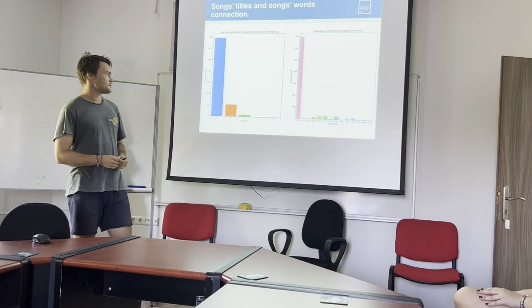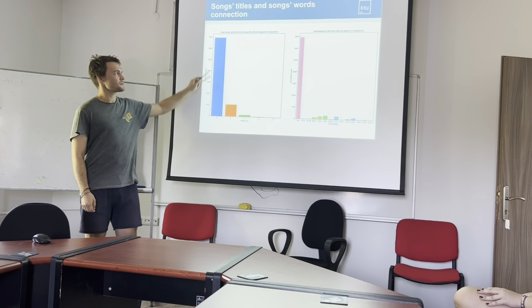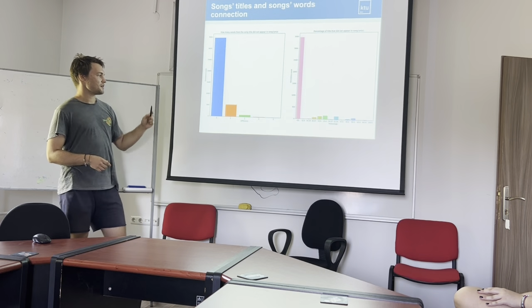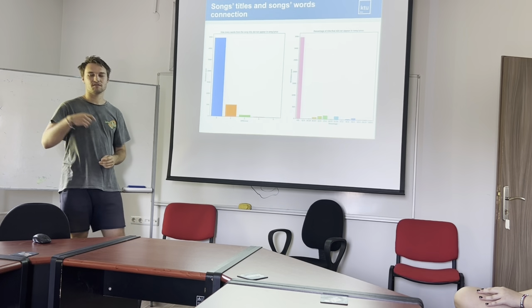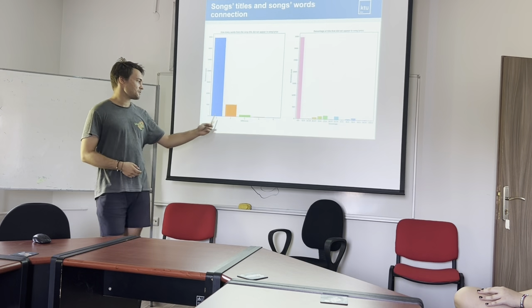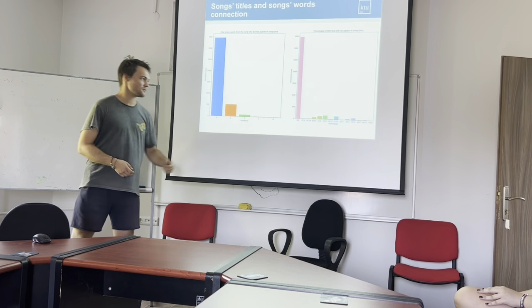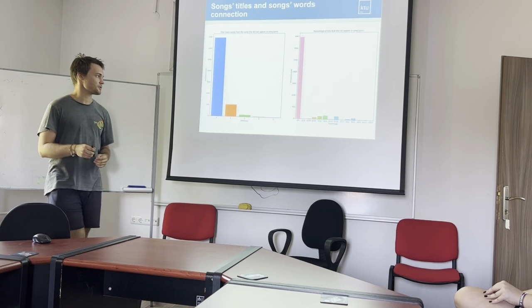Here, as you can see, there were a lot of zero non-repetitions. That means that every word from the title was repeated in the lyrics, and there were also 1, 2, 3, and 4 non-repetitions. So mostly 1 to 4 words of the title did not go into the song lyrics.